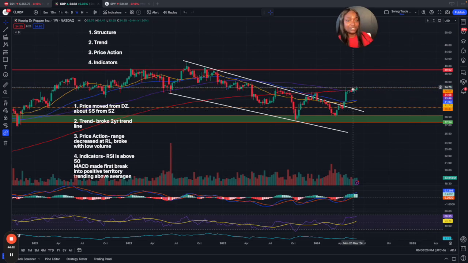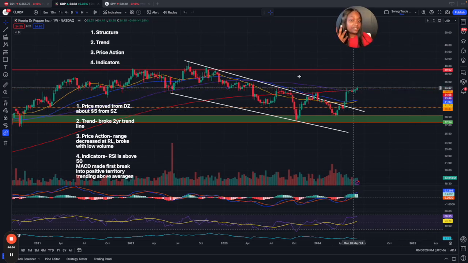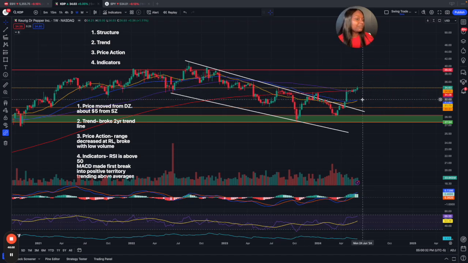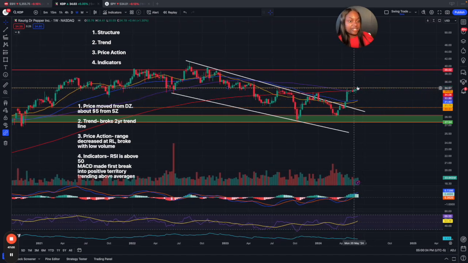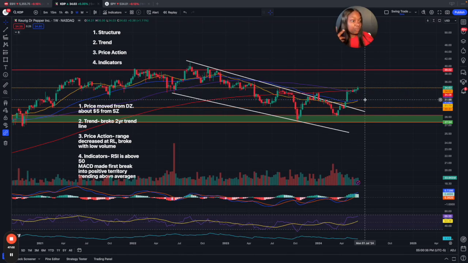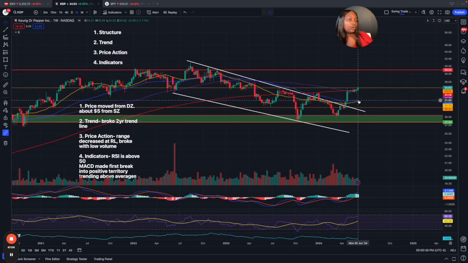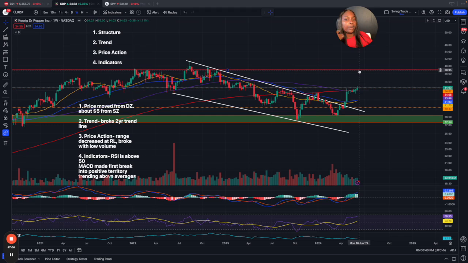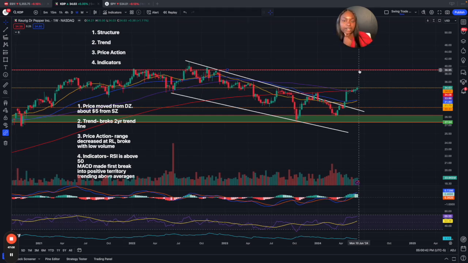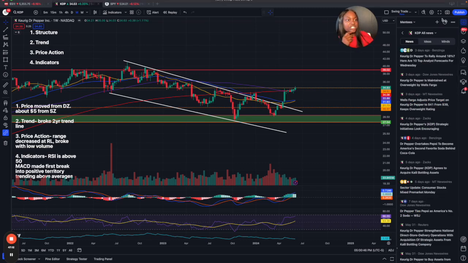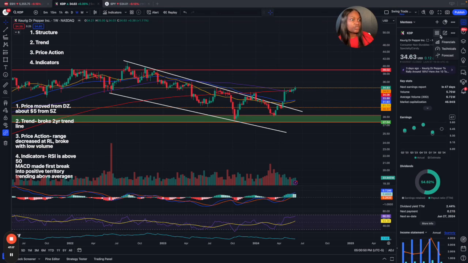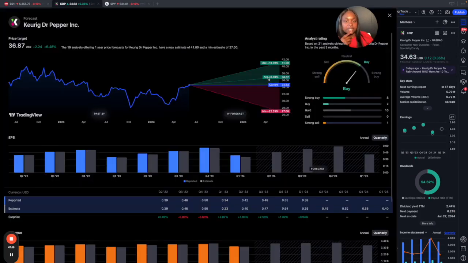I'm paying attention too. So based off my analysis here from charting the 6, analyzing the 4 here on the weekly, again, I would love to see KDP pull back towards 32, hold this as support, and then continue to work its way up towards 39. Now, will it break 39 and make an all-time high? Let's check out the price target. So we're just going to go here and click on forecast. The average target is 36.